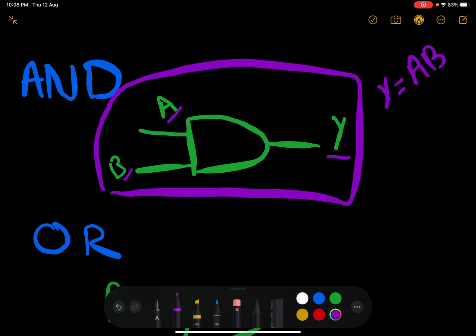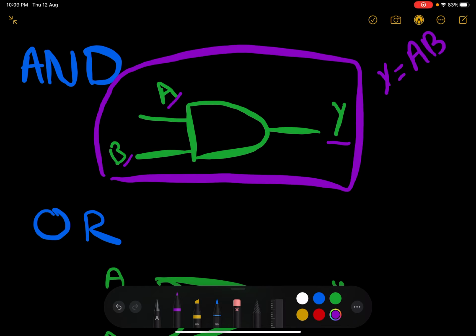Now we're going to make something similar to a truth table, because each function has its own truth table, which is a set of scenarios for the input where we predict the output.